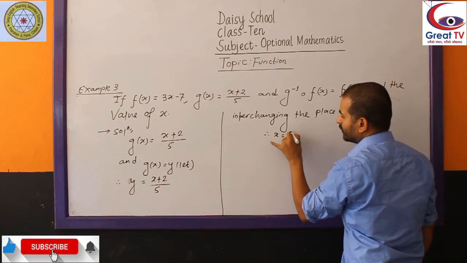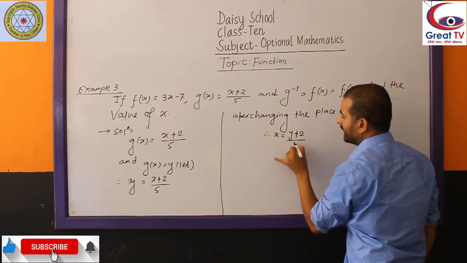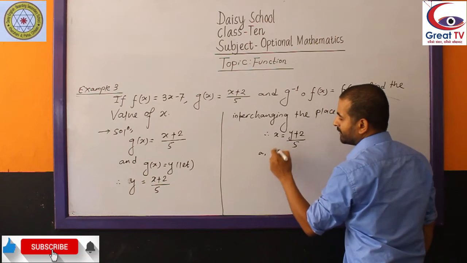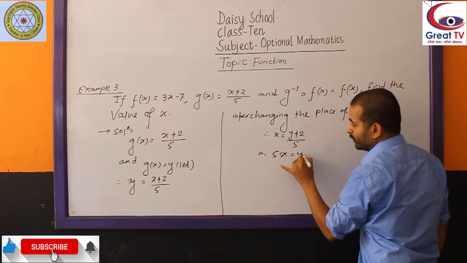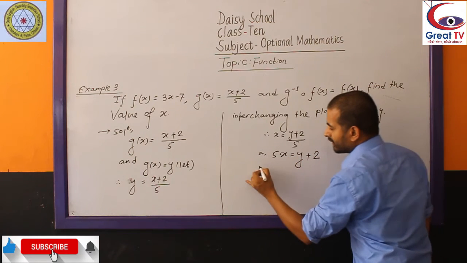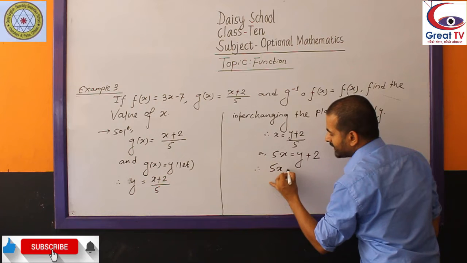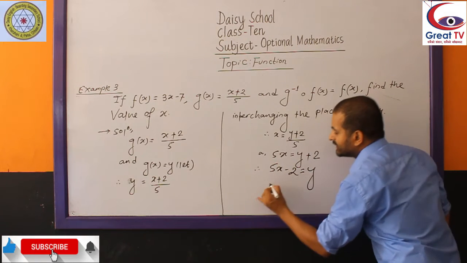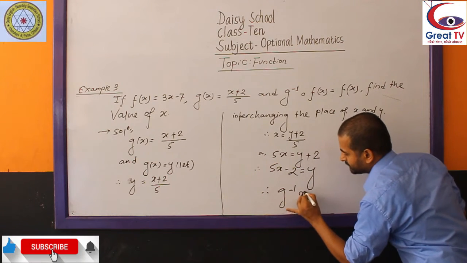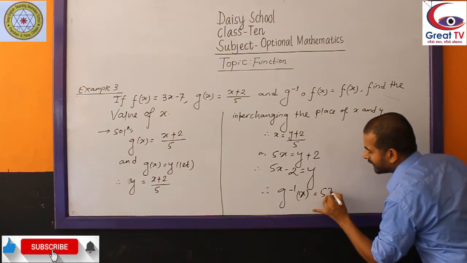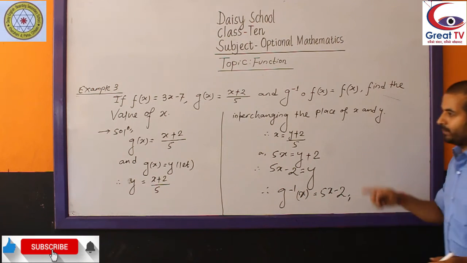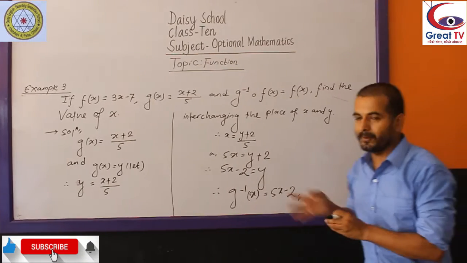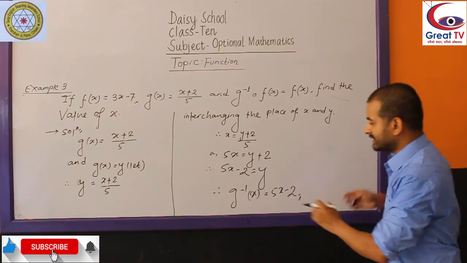Therefore x equals (y plus 2) by 5, or 5x by the mathematical rule. You know better than me. Now again, 5x minus 2 equals y. This is the g inverse. It's equal to 5x minus 2. I hope you are understanding it. You are copying it also. So this is the g inverse.